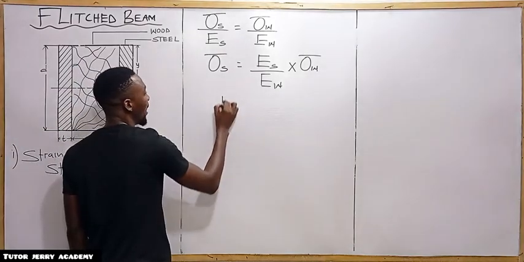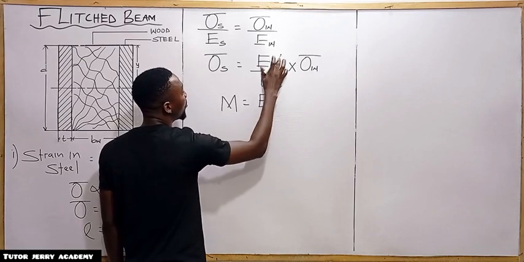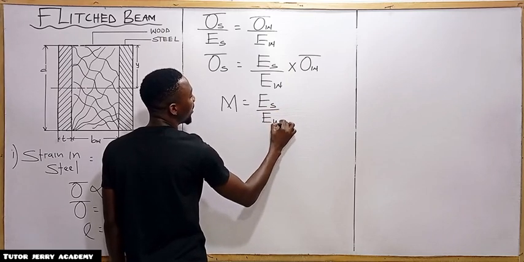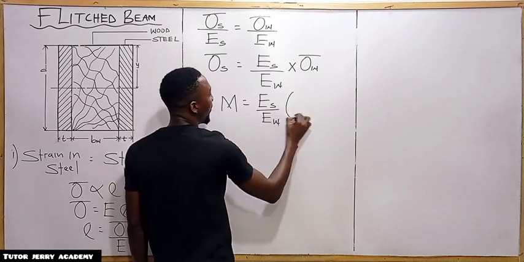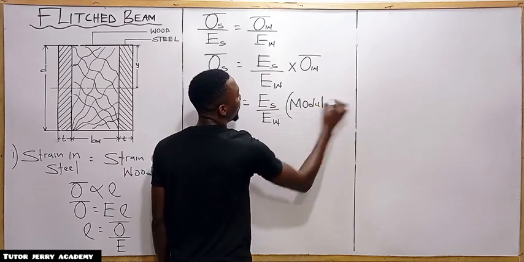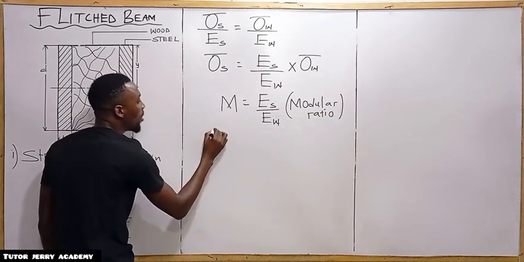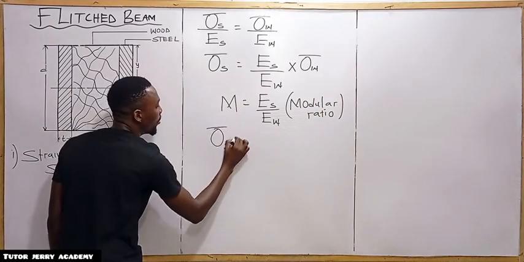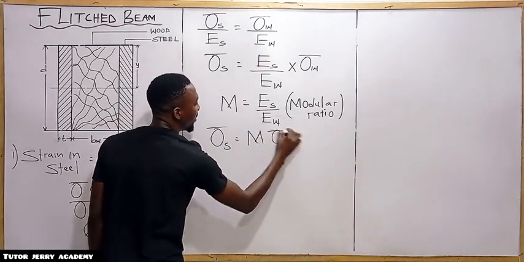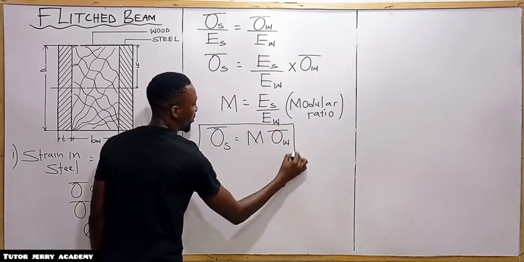So M is equal to the modulus of elasticity in steel over the modulus of elasticity in wood, where M is known as the modular ratio. If we do that, we have the stress in steel equal to M multiplied by the stress in wood.